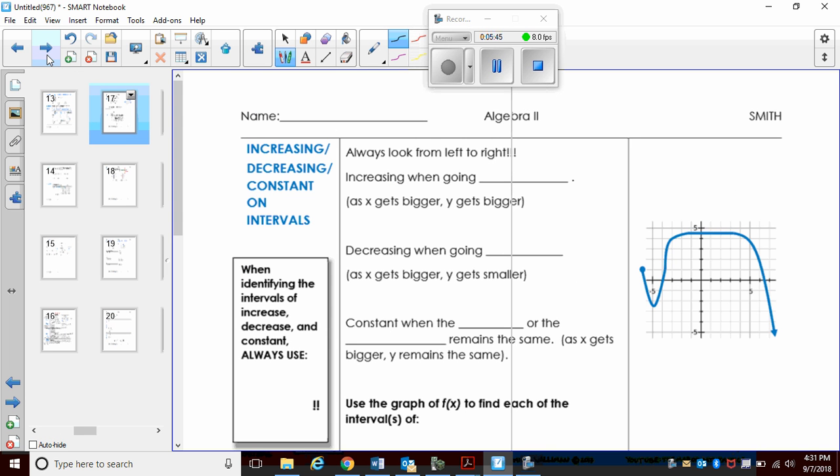What about intervals of increase, decrease, or intervals where it's constant? Well, when you always look from left to right, we're talking about x values. Like basically here, we're identifying these intervals.